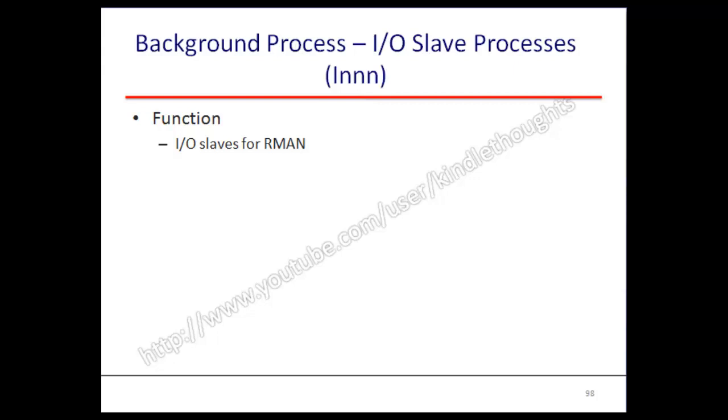So in case there's a lot of backup happening, Oracle would spawn these IO slave processes to help RMAN complete its job faster. You can also have slaves created which support the database writer in writing its changes from the database buffer cache to the data files. So these are two scenarios where you have slave processes which are helping other functions.